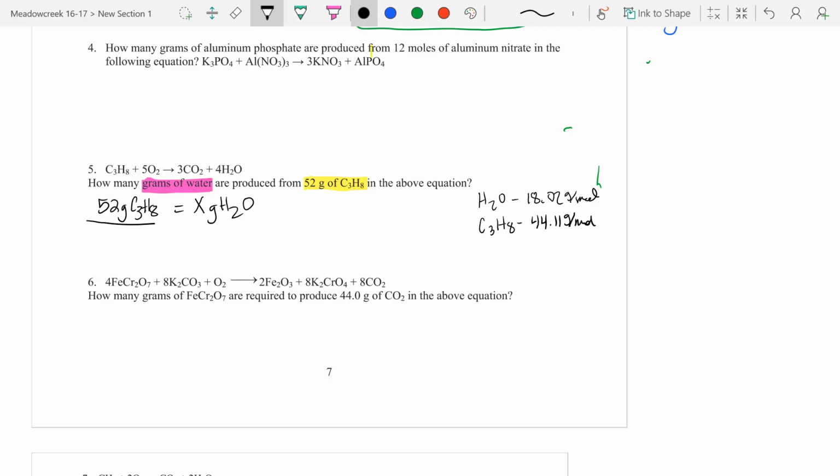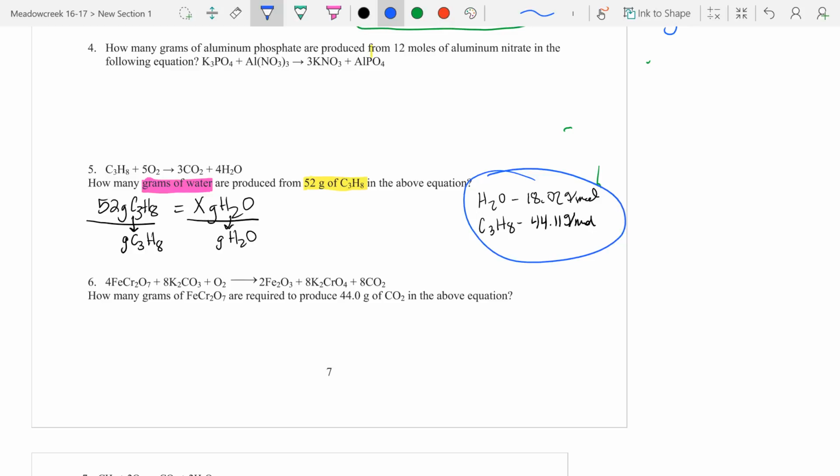We put it over a fraction. Whatever is on the top, we bring down to the bottom. So if I have grams of C3H8 on the top, I'm going to write grams of C3H8 on the bottom, and same with grams of water on the other side. Now we spoke about how anything that gets written by grams is always, always, always going to be your molar mass.